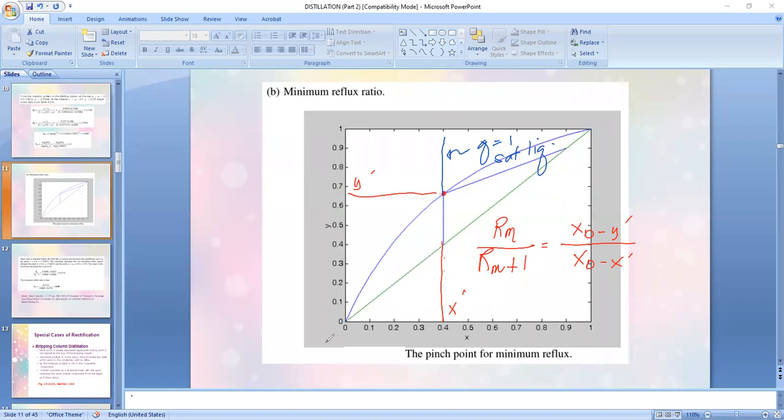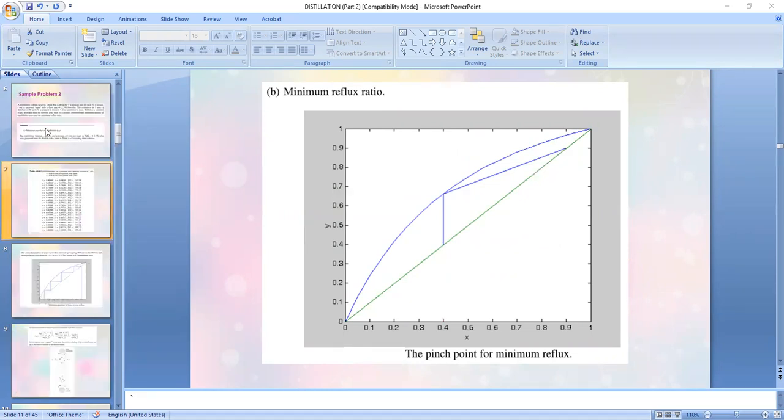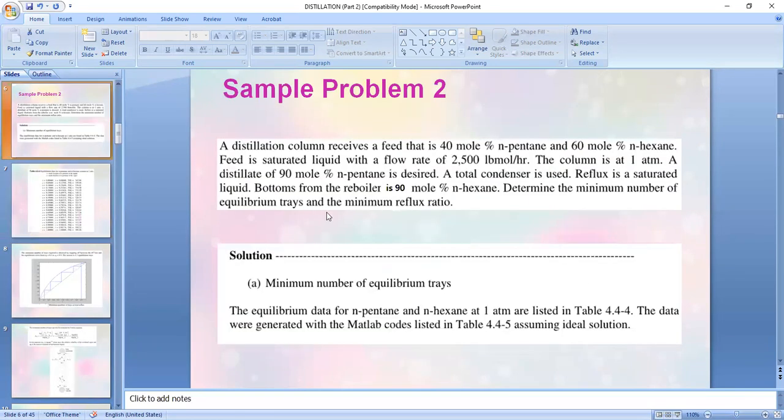Now you have to be very observant as to the way things are emphasized or specified in the problem. It's vertical because your Q is equal to 1 and it's a saturated liquid. Now I will erase my markings here. I'd like to go back to the problem to point out that phrase. It says here, the feed is saturated liquid.